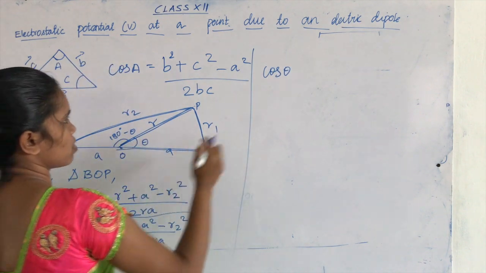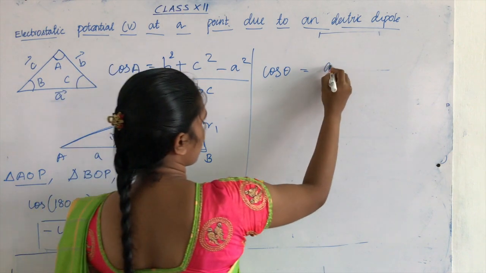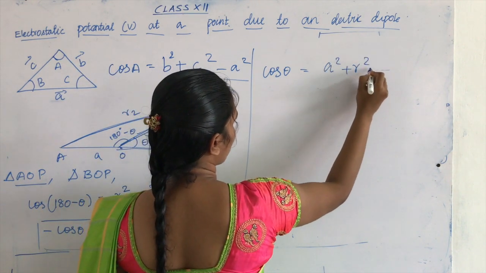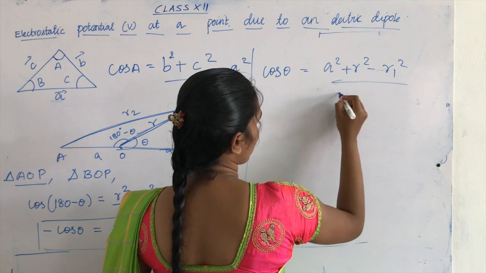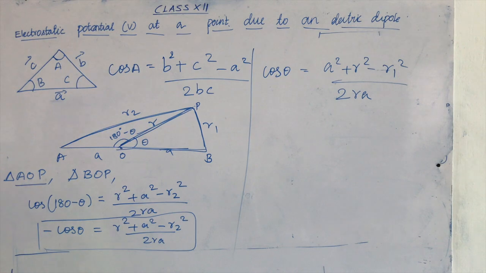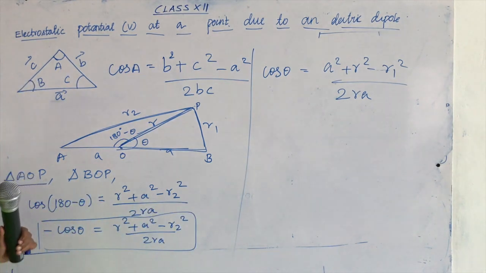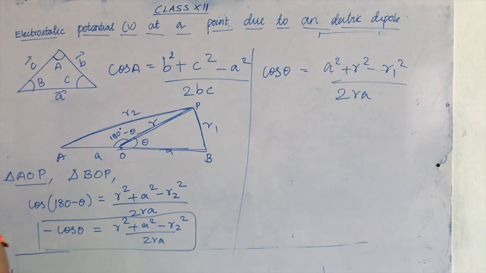Cos theta equal to the adjacent sides: A square plus R square minus R1 square divided by 2RA. These are the two derived cosine formulas for these two triangles. Now we are going to find the R1 value.